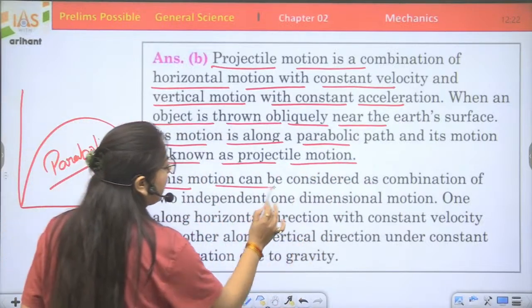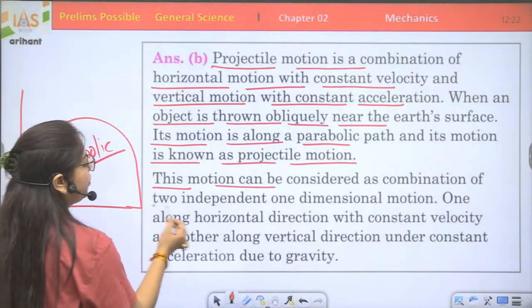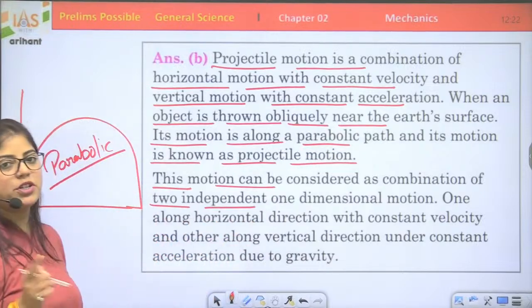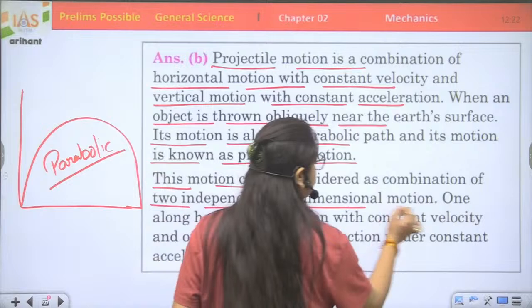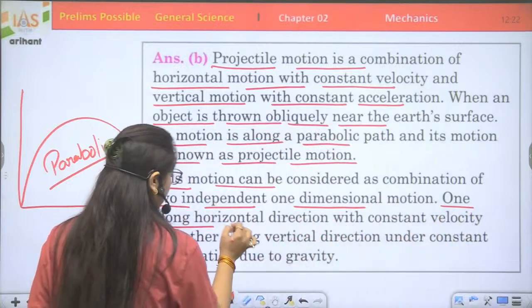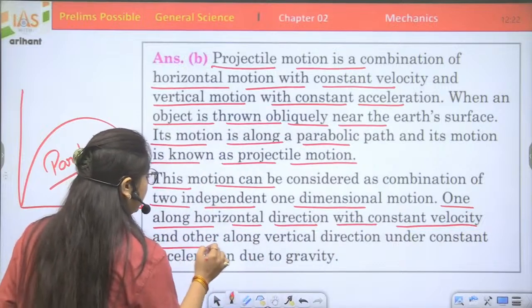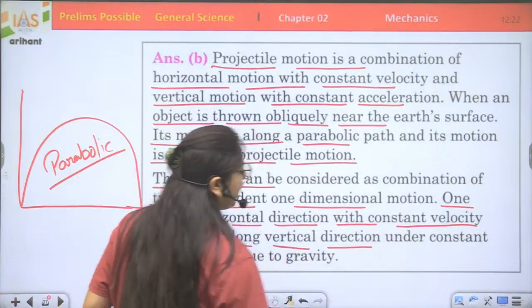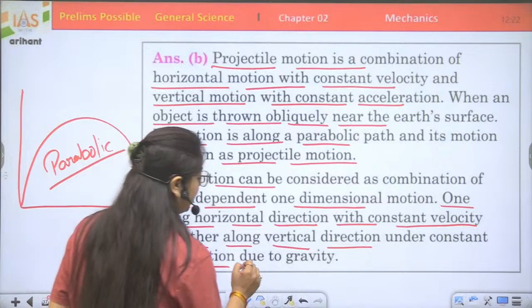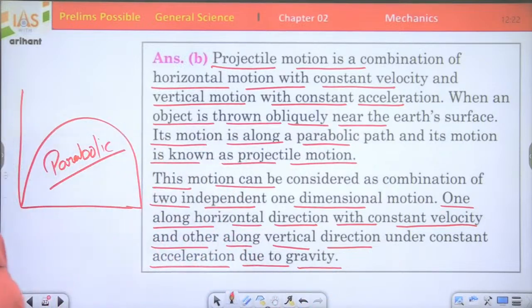This motion can be considered as a combination of two independent one-dimensional motions, one along the horizontal direction with constant velocity and the other along the vertical direction under constant acceleration due to gravity, right?